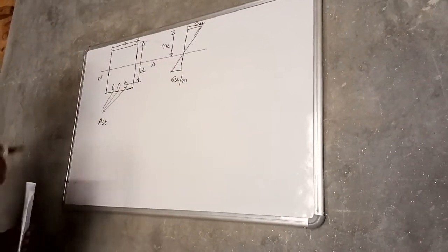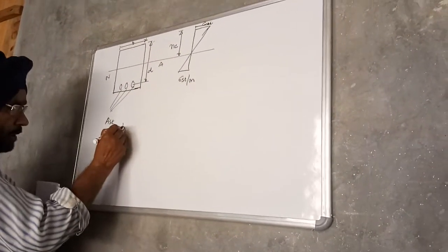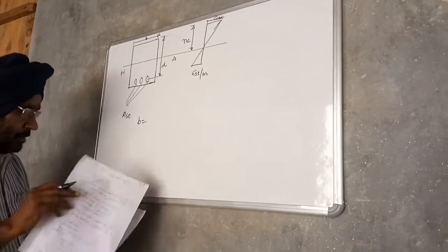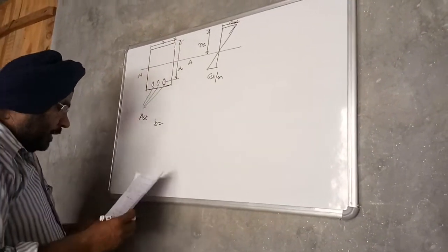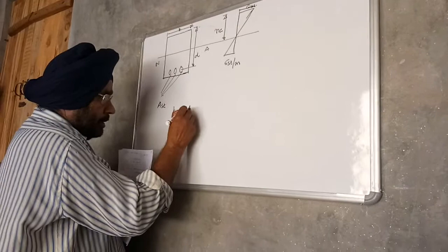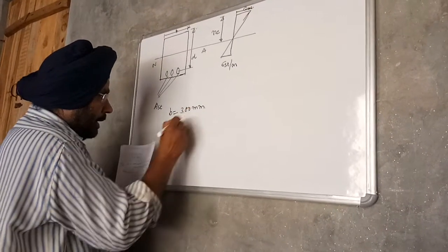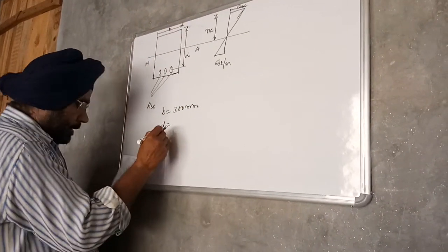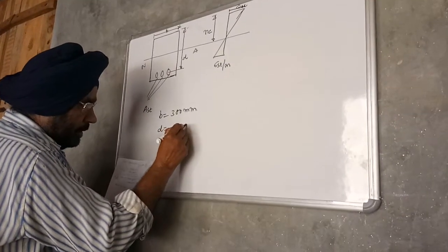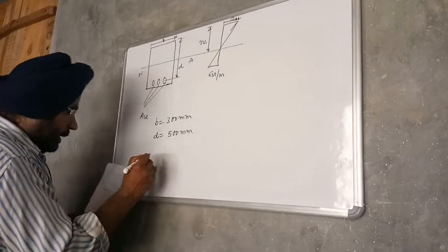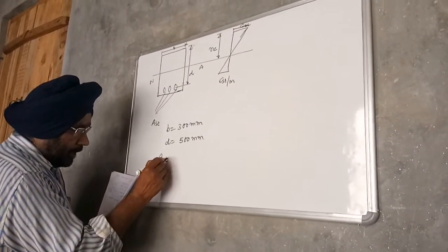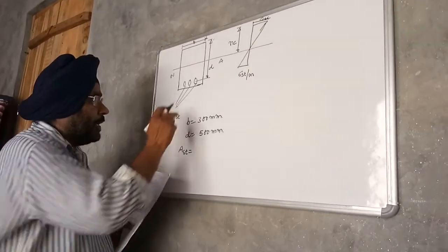So first of all, the data given to us: width of the beam is 300 millimeter, effective depth is also given, 500 millimeter, and area of the steel in tension, there are 3 bars of 20 mm dia.